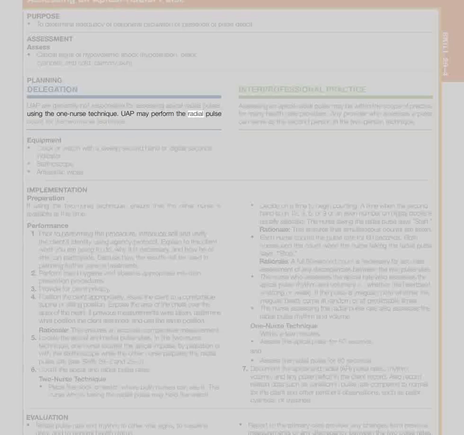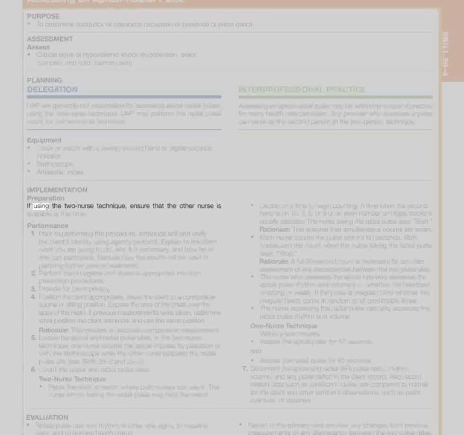UAP may perform the radial pulse count for the two-nurse technique. Interprofessional practice. Assessing an apical radial pulse may be within the scope of practice for many healthcare providers. Any provider who assesses a pulse can serve as the second person in the two-person technique. Equipment: clock or watch with a sweep second hand or digital seconds indicator, stethoscope, antiseptic wipes.